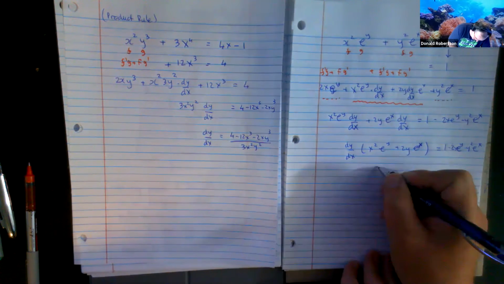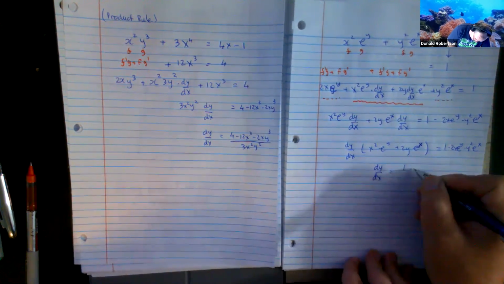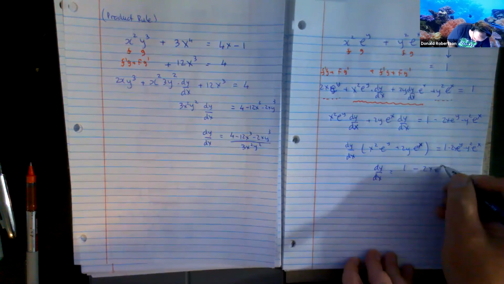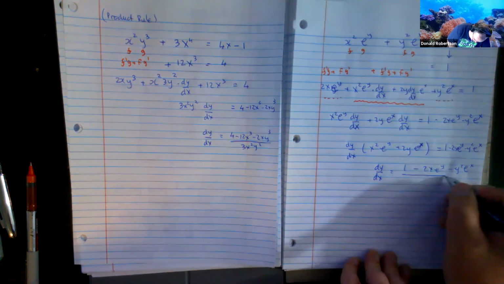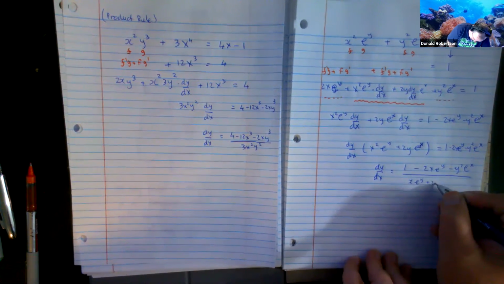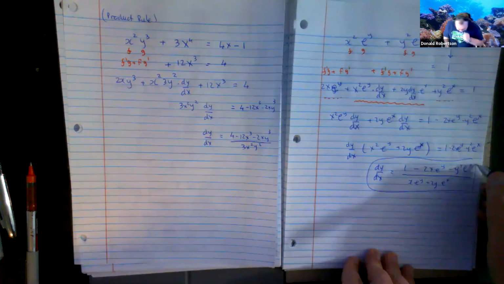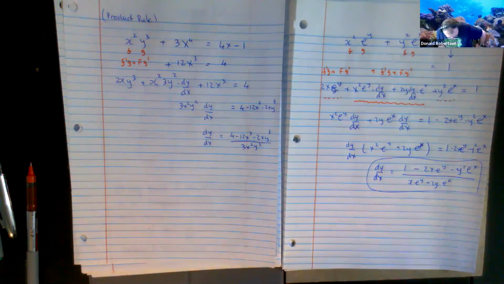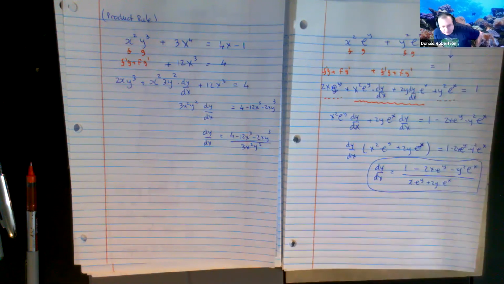And dy by dx is going to be all of this guy divided by that guy. And I can't see anything useful style points to do here. So I guess we're finished.